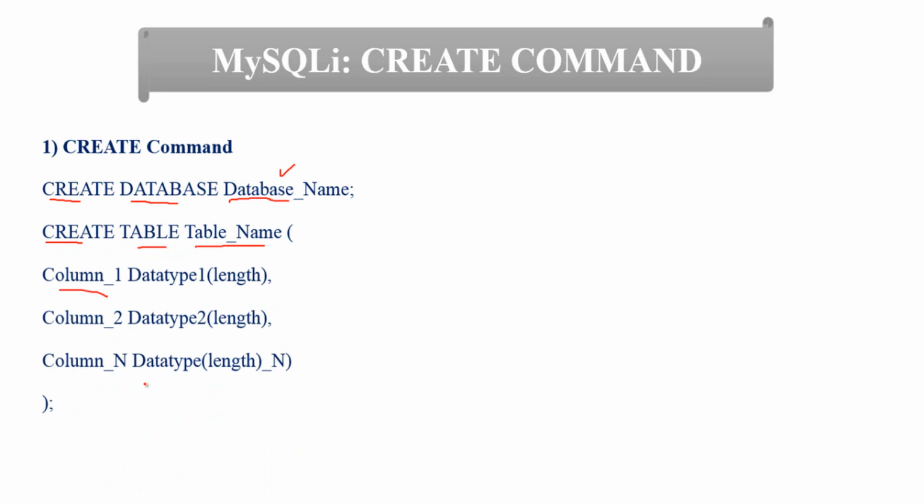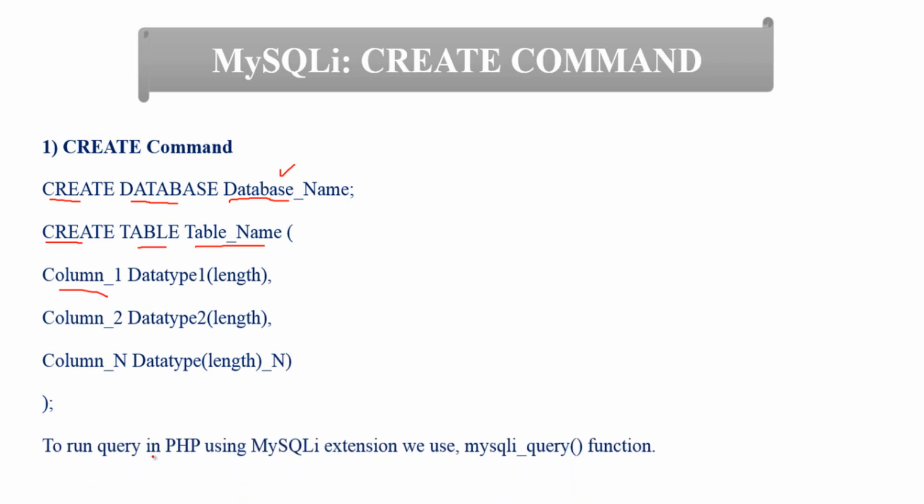So if you want to run this command or query in PHP using the MySQL extension, we use the MySQLi_query function. This MySQLi query function is used to run any query. Actually, this is a query. A query is a way to communicate with the database. You can see that we are communicating with the database, create database, create table in this order, with this column, with this length.